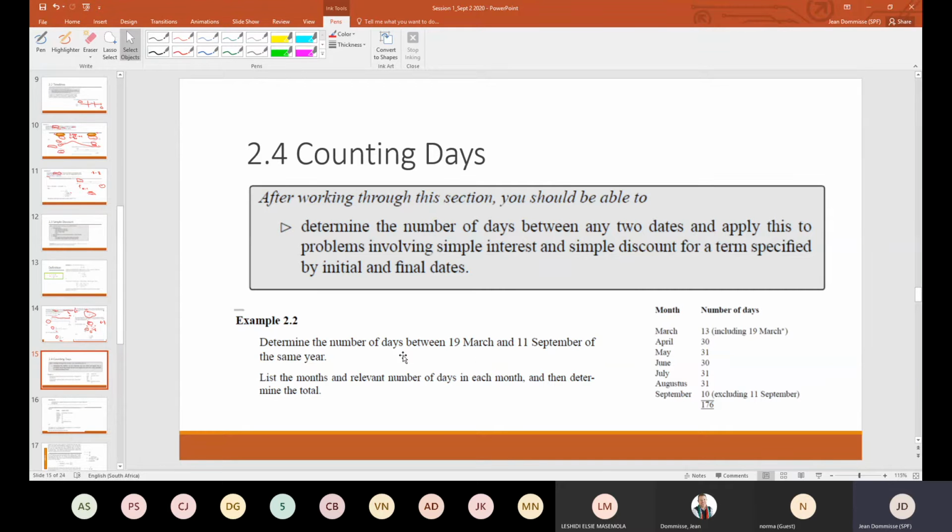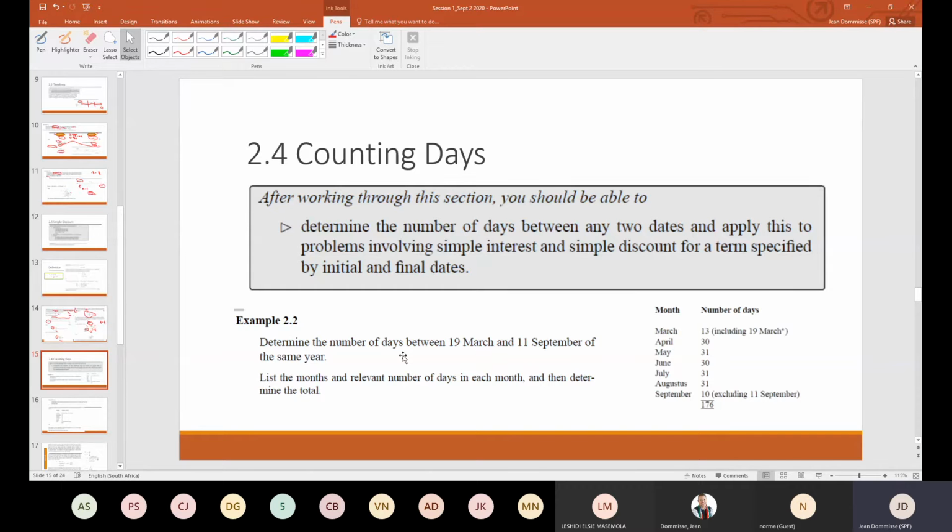Even in some of the calculations towards the end, being off by 1 day can give you a 0.01 difference in a percentage that can give you a different answer.